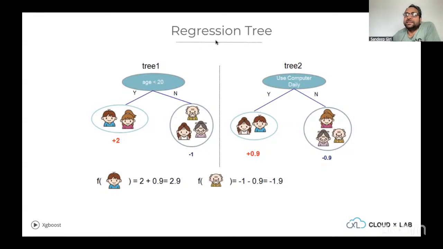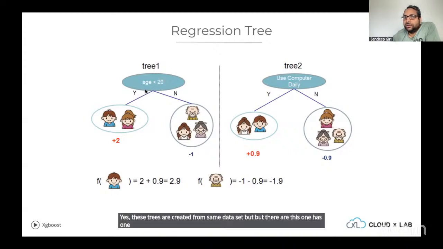Yes, these trees are created from the same data set, but this one has a split based on the age. This one has a split based on some other feature, whether the person uses a computer daily or not. Make sense, everyone?